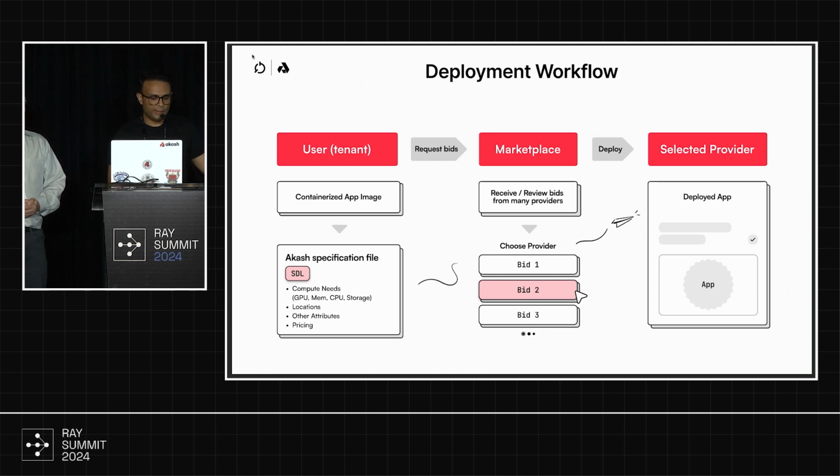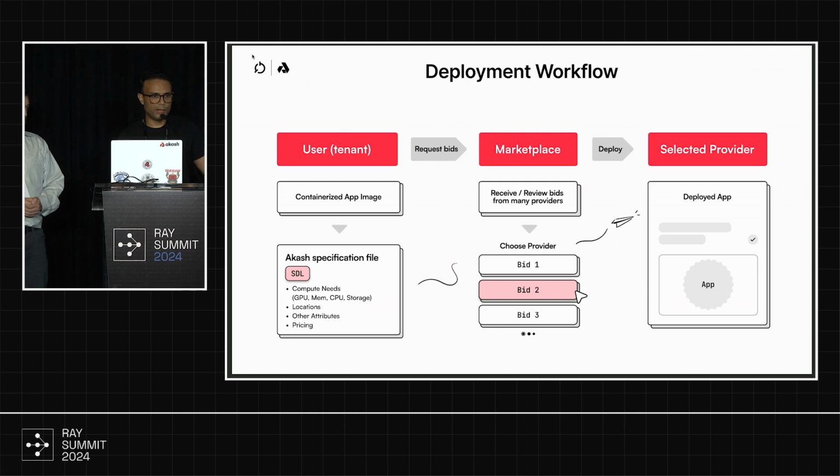You containerize that, and then you write something called an SDL file. SDL stands for Stack Definition Language, and it's basically you, as an ops engineer or DevOps engineer, specifying what you think are the resource requirements for that specific workload: GPU, CPUs, memory, storage, etc. You do that, and then you submit that to the network.